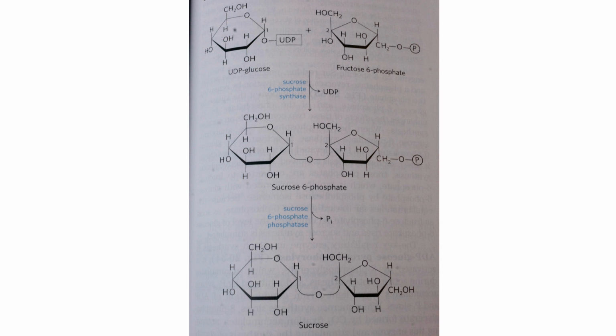UDP is right here, and the hydrolysis, the elimination of UDP and the hydroxyl group, causes an ester linkage between the number 1 glucose and number 2 atom of fructose, and this is sucrose 6-phosphate. There's a phosphate, and that is hydrolyzed, and you get sucrose, which is common table sugar.